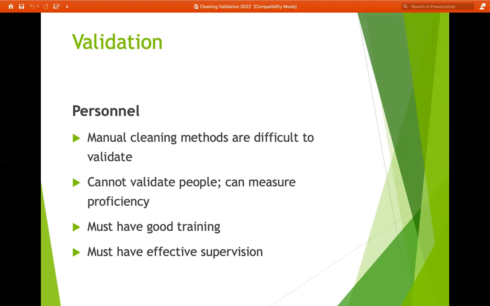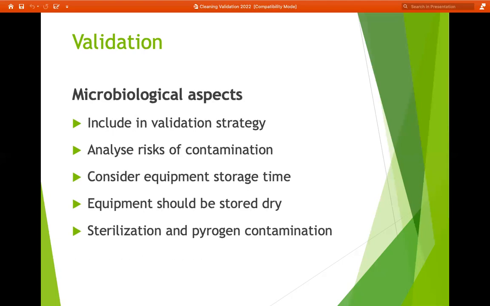They shall not change the sequence of the cleaning. Like suppose we have defined a sequence for any equipment, how to open the equipment, how to dismantle the equipment while cleaning. And during dismantling, he shall not use any reverse process, or some part he has to open first and he is opening that last. So effective supervision is also the most important part during cleaning validation.